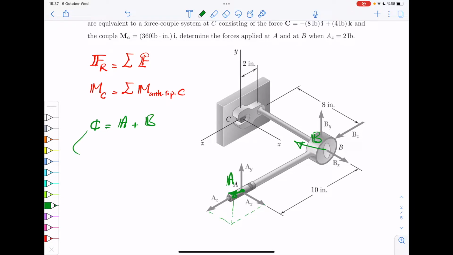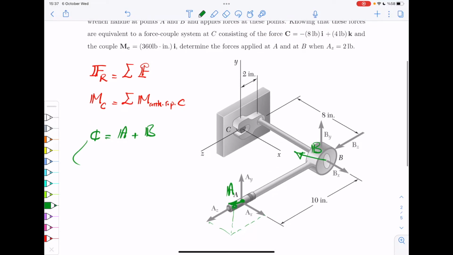So this would be Cx in the i direction, Cy in the j direction, Cz in the k direction, and you have the components of C. So this would be minus 8 i plus, let's say, 0 in j plus 4 in k.